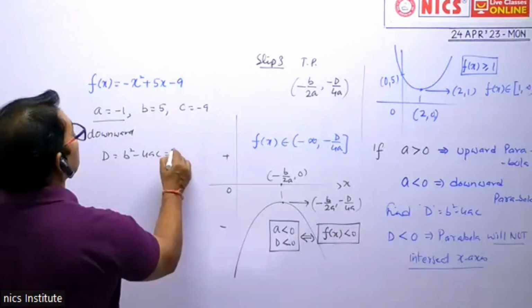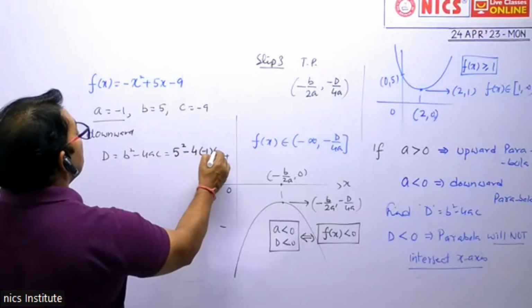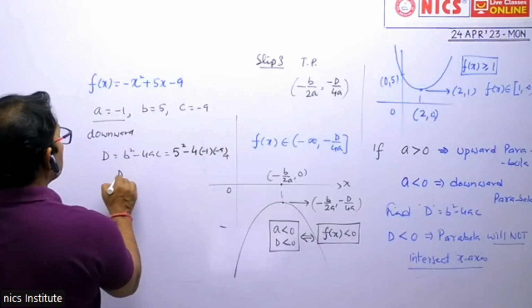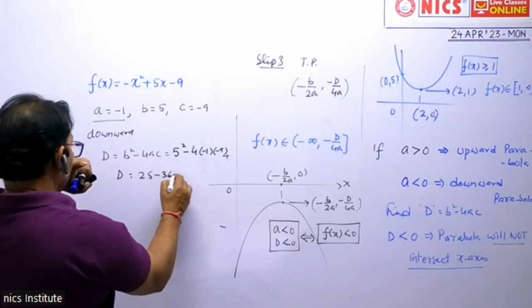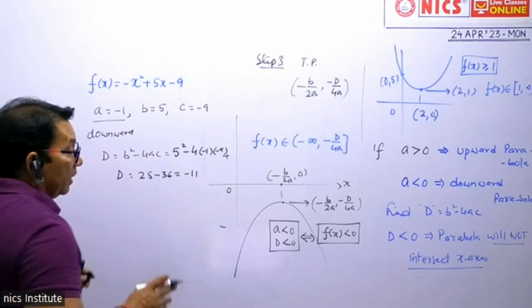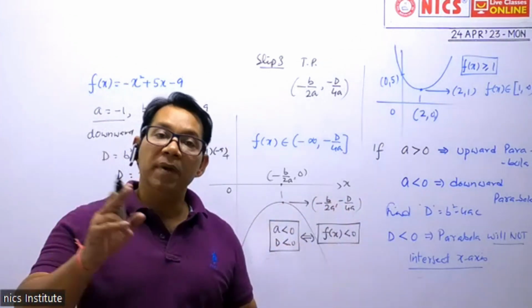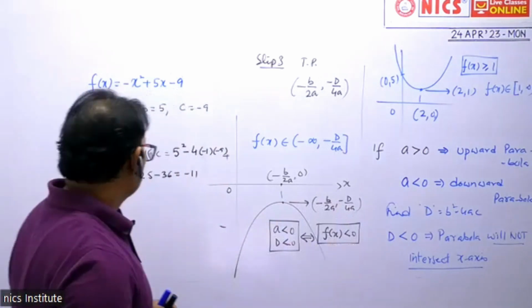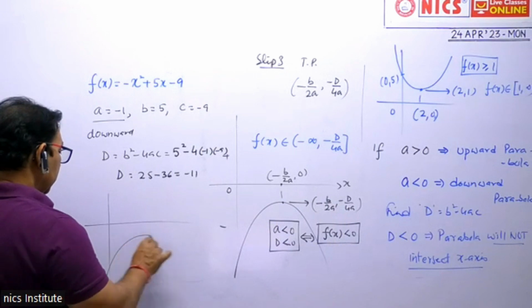So negative. Okay. b squared minus 4ac. So D is coming out to be 25 minus 36, right? Minus 11. D is negative. That means the parabola is downward and it will not be intersecting the x-axis. All right. So the parabola would be something like this.